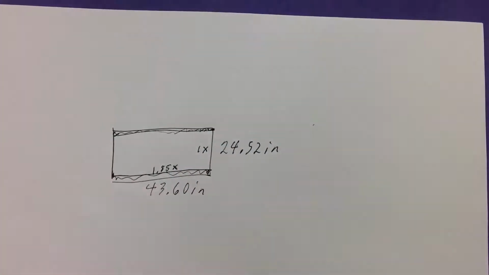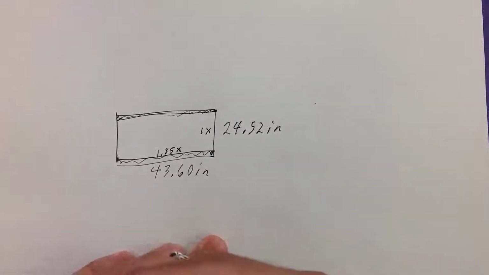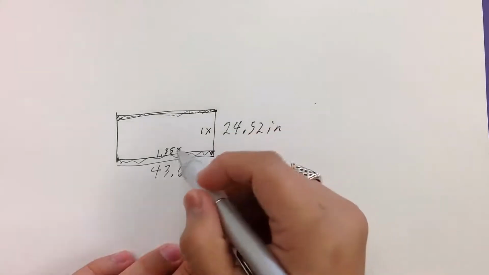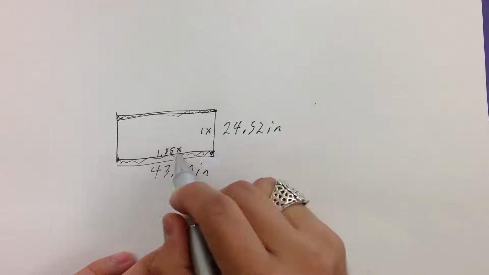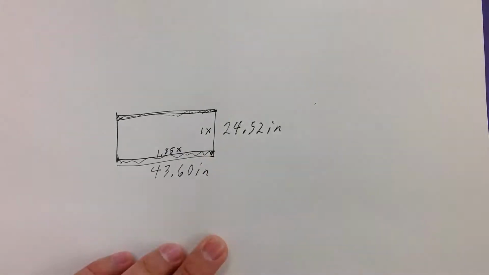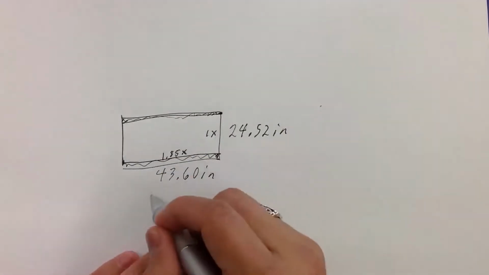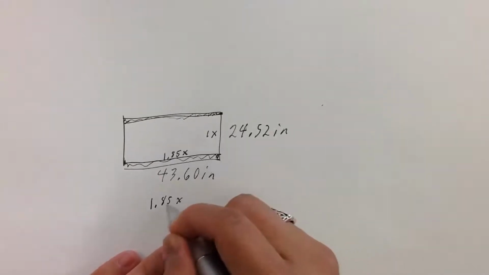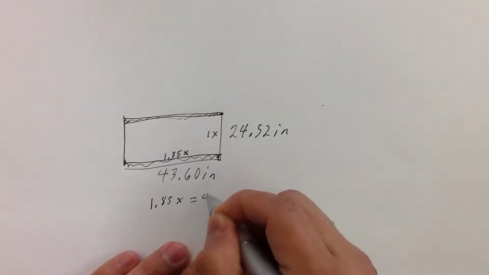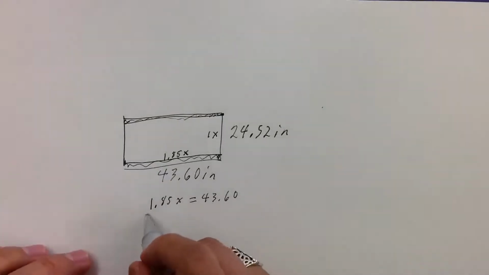This is the way you need to think about this: with the scale factor, if we multiply 1.85 and 1 by the same scale factor, we're going to have an image that's bigger, but in the same aspect ratio as what we had originally. So right here, we want 1.85x equal to 43.60. So I just solved for x.